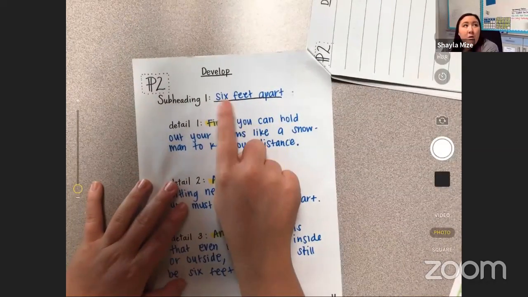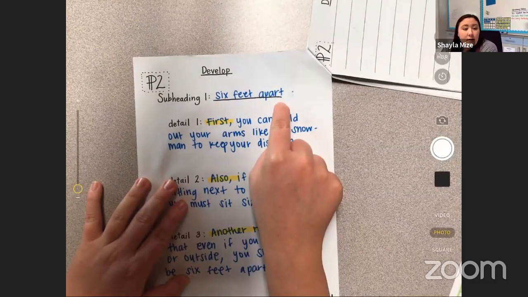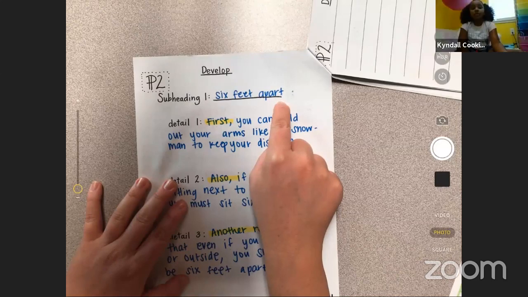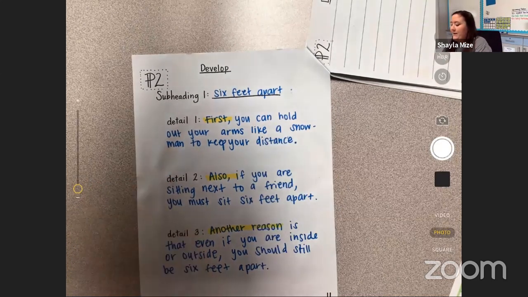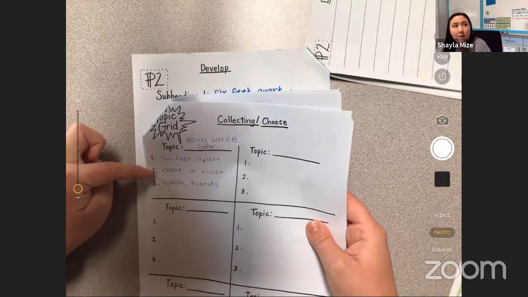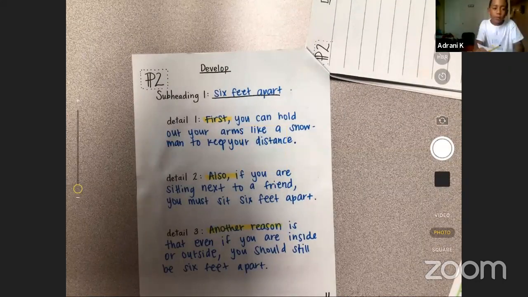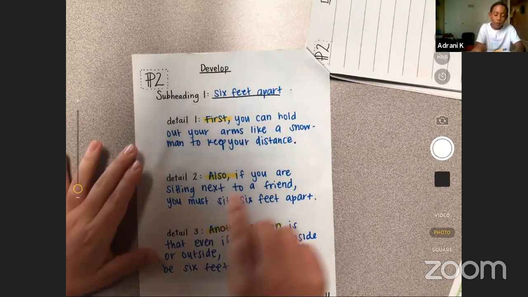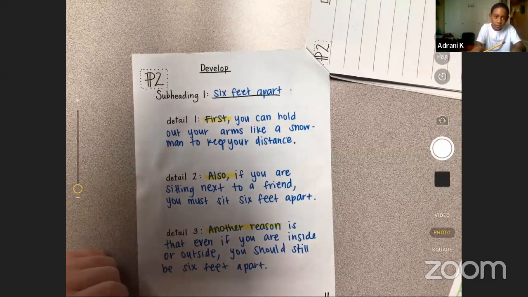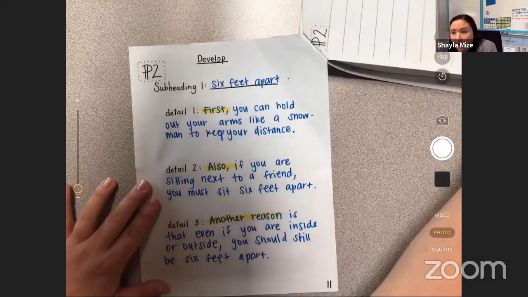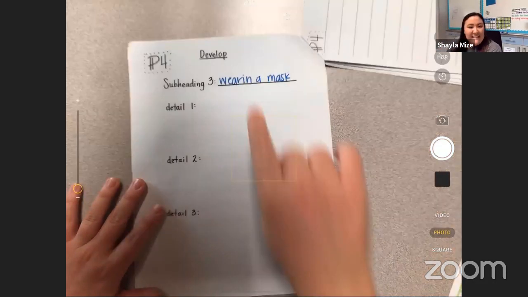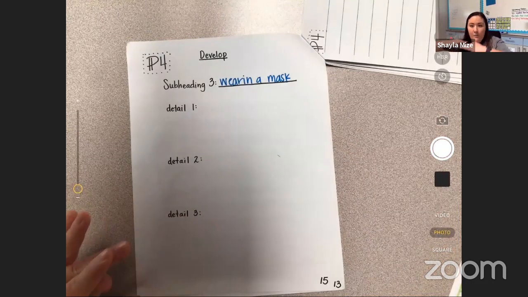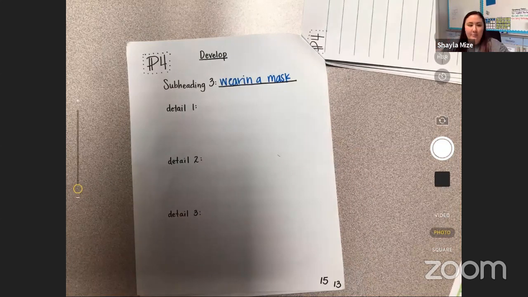Your number 1 is how to play. Wait, so my subheading is how to play? Yes, these are just your subheadings right here. Oh, okay. We have to write subheading 2 and 3. Go ahead and write subheading 2 and 3 once you are done on pages 13 and 15. That is it. Don't go past that.